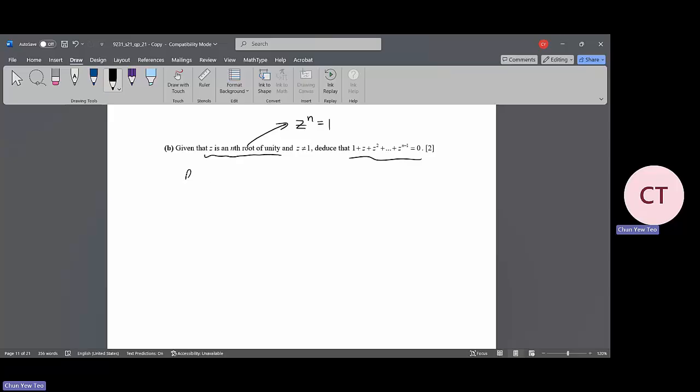So from A, we already know that z plus z squared plus z cubed plus until z to the power n is equal to z times z to the power n minus 1 over z minus 1. So from part B, given that z to the power n is equal to 1, the left-hand side, you can factorize it out.